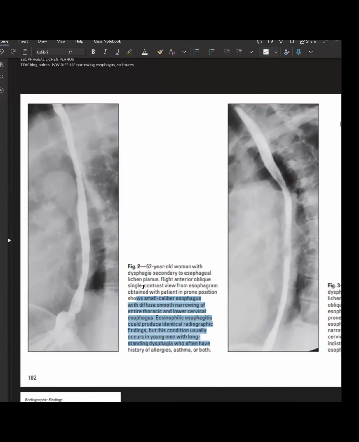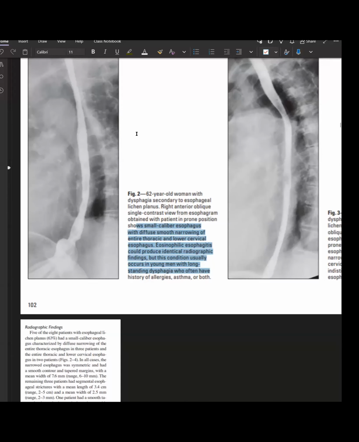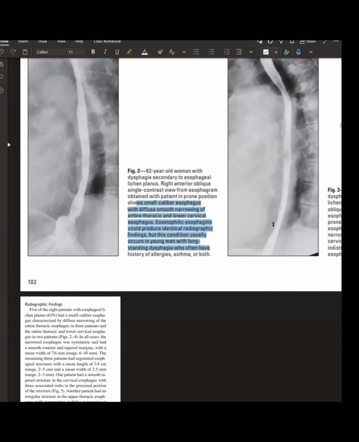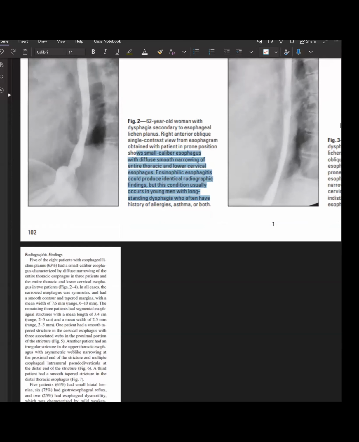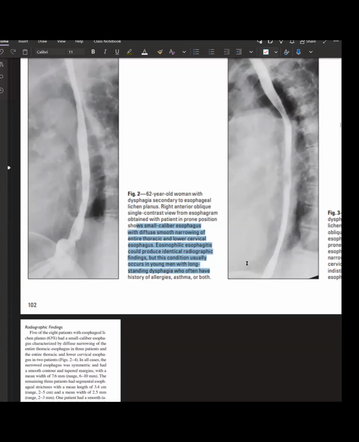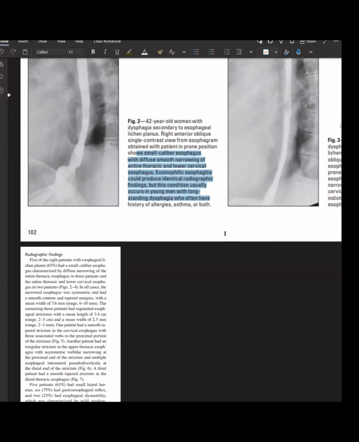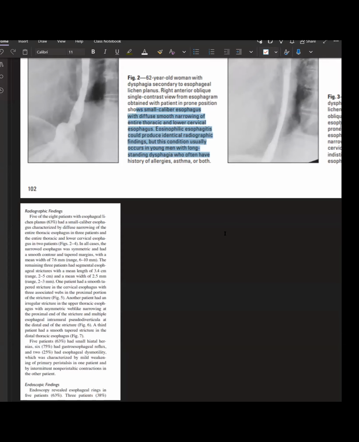Patients with lichen planus, and that's the finding that we see: a very long segment narrowing throughout the length of the esophagus. The other differential consideration that we add is EOE, eosinophilic esophagitis. I might have presented a case before with EOE.